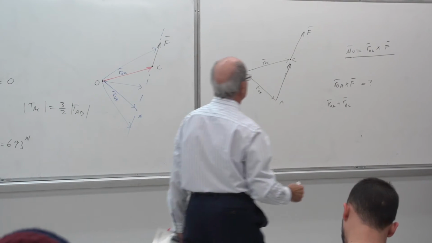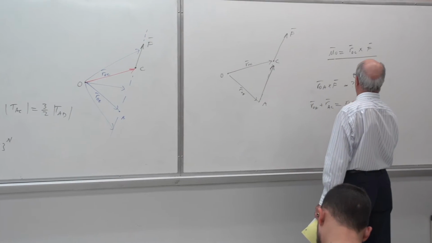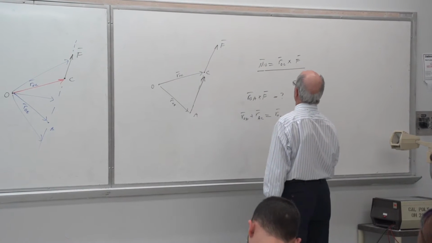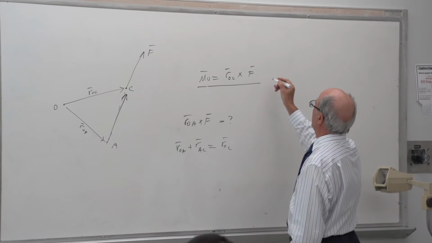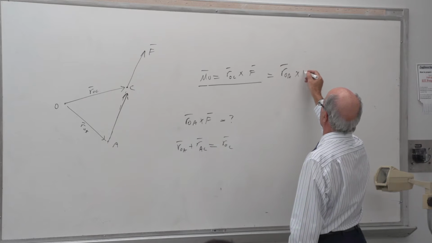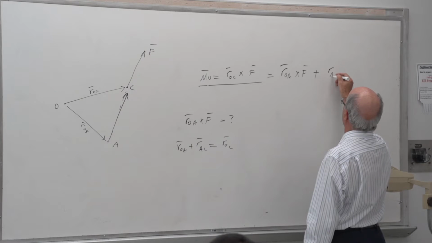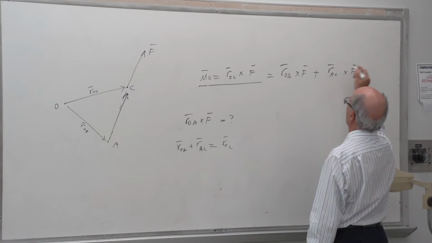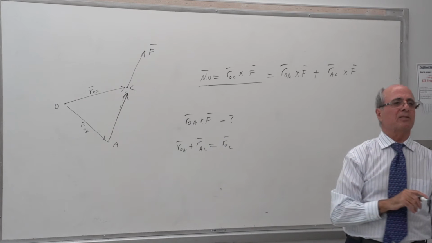That's obvious to us. So ROA plus RAC equal to what? ROC. So therefore, if I put ROC equal to that, that becomes equal to ROA cross product of F plus RAC cross product F. What I did, I took that ROC, put both of them together and expanded. Is that correct or not?